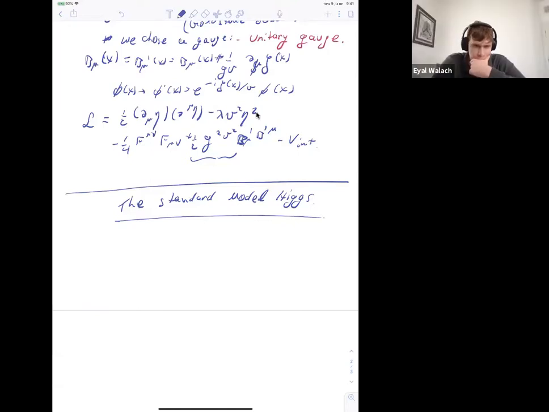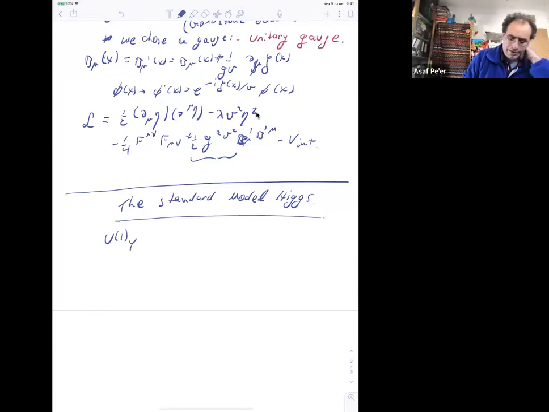It's U1 right times SU2 left. That's the symmetry that we have in the Weinberg-Salam model.